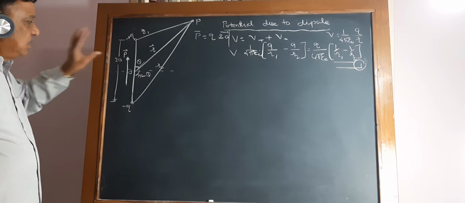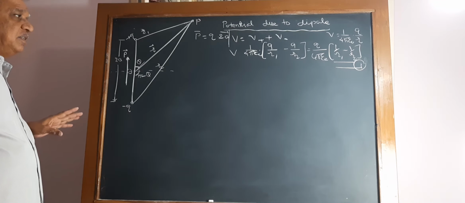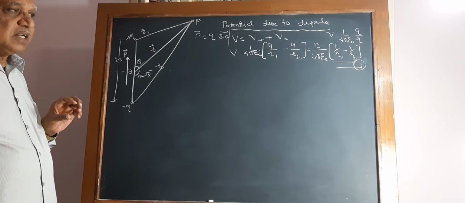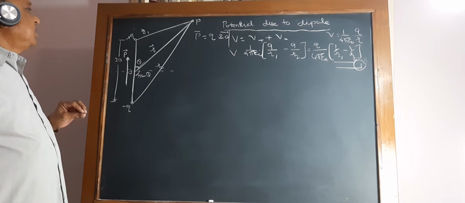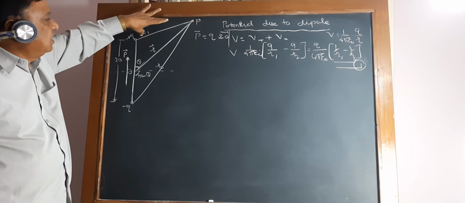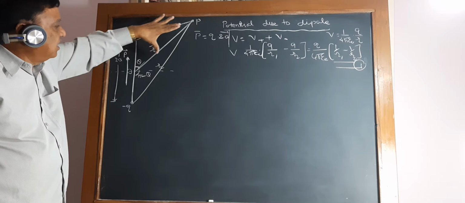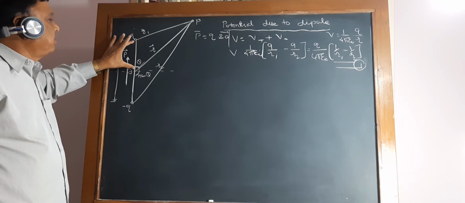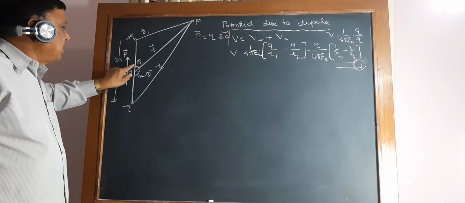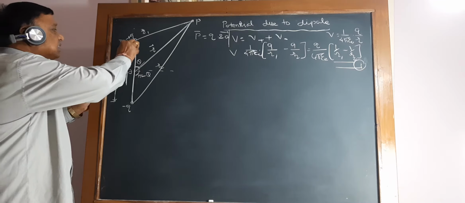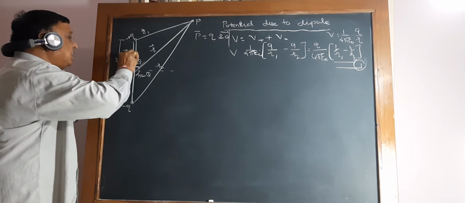Now using the geometry of the figure, if you know the cosine formula, then R1 square is R square plus A square minus 2AR cos theta. This side only is A.